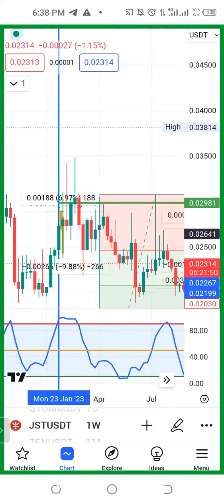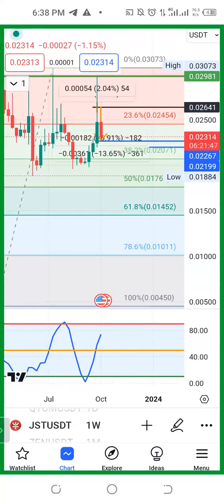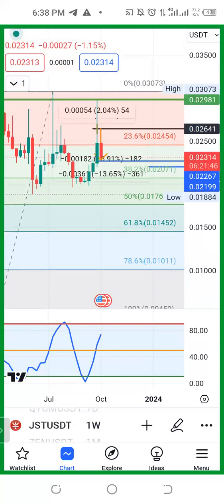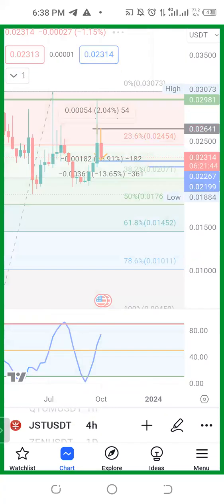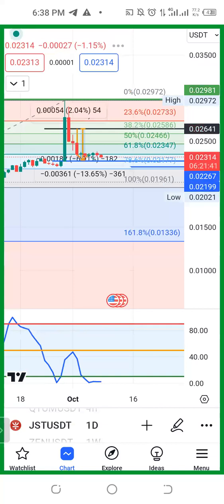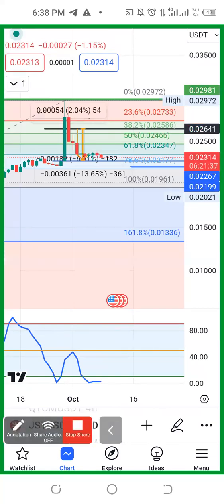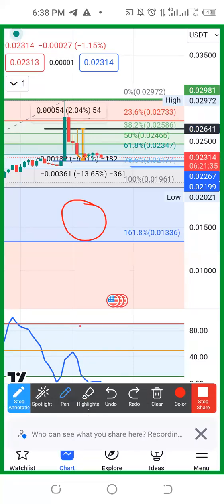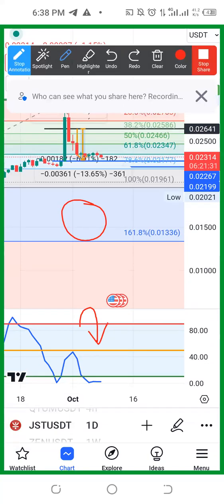If I see that the coin is going to be going down in the next 1 day, if this stochastic was like this, pointing down at the 1 day chart, I won't enter that coin.